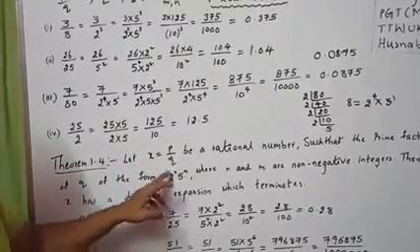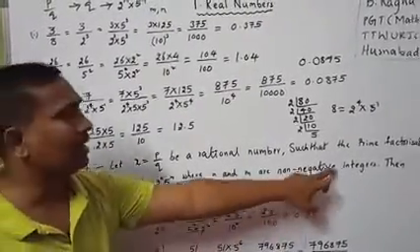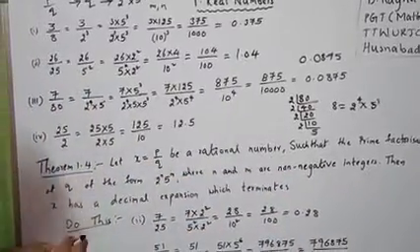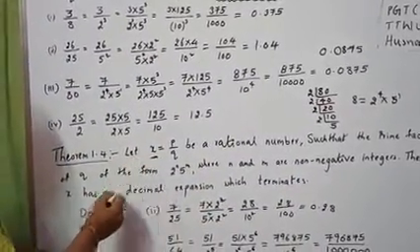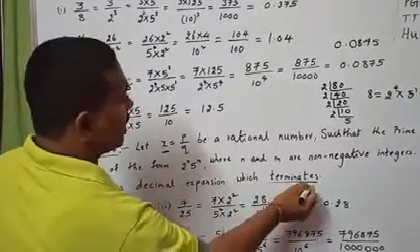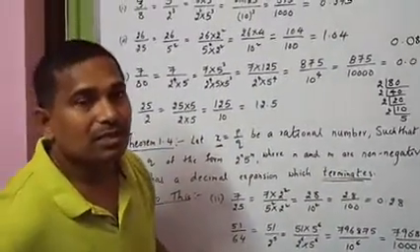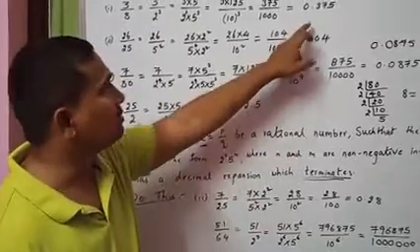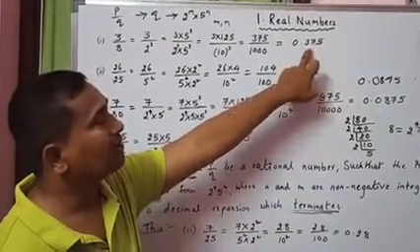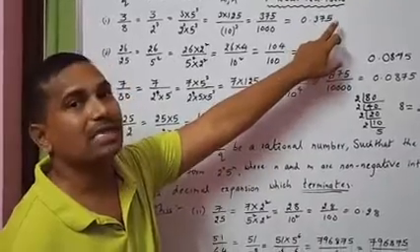After factorizing q, it is in the form of 2 power n, 5 power m, where n, m are non-negative integers. Then this x has a decimal expansion which terminates. Terminates means in the decimal part the number of digits is countable. The decimal part has an end.